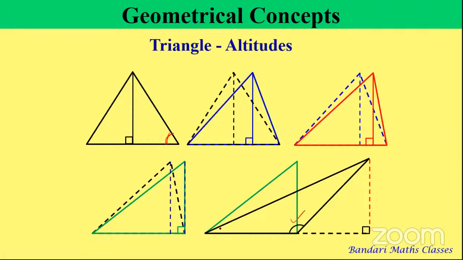If we use this side as the base, its corresponding altitude is this. Suppose we use this as the base, its corresponding altitude also comes outside. Similarly, in an obtuse angle triangle, whichever side is taken as the base, its corresponding altitude is always outside of the triangle. Please keep this in mind. It is important for the next theorems.